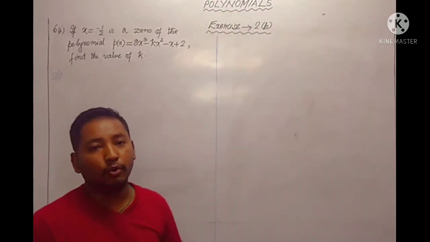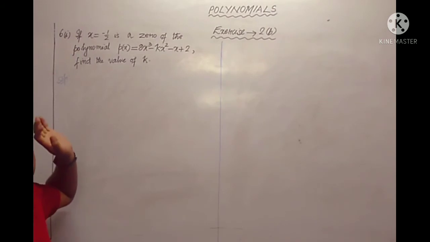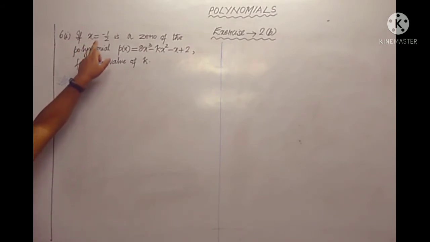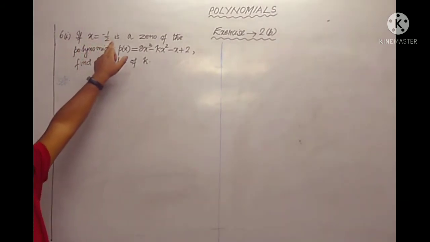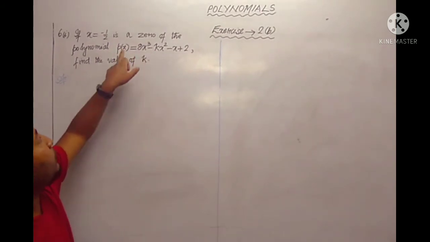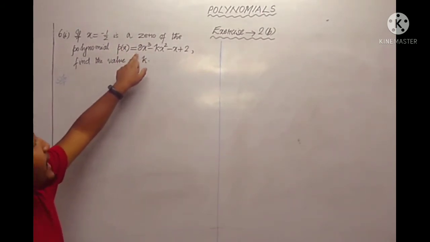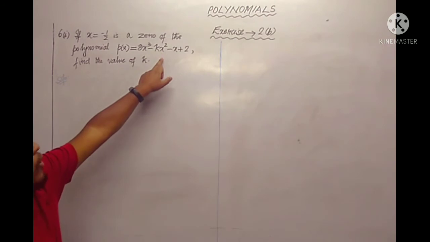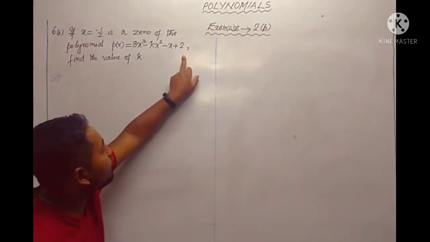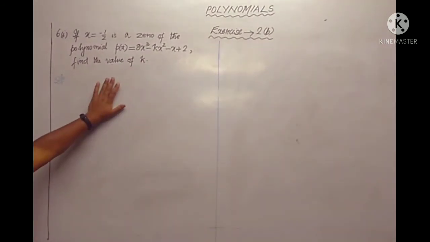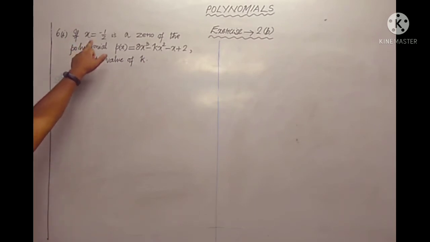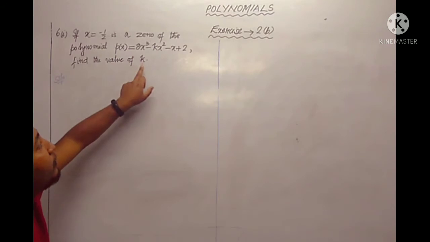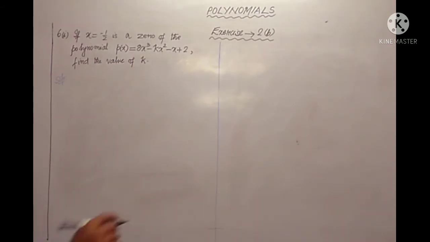Now let us try question number 6, sum number 1, which says if x equals minus 1 by 2 is a 0 of the polynomial p(x) equals 8x cubed minus kx squared minus x plus 2, then find the value of k. It says that if x equals minus 1 by 2 is the 0 of p(x), find the value of k. Let us start.